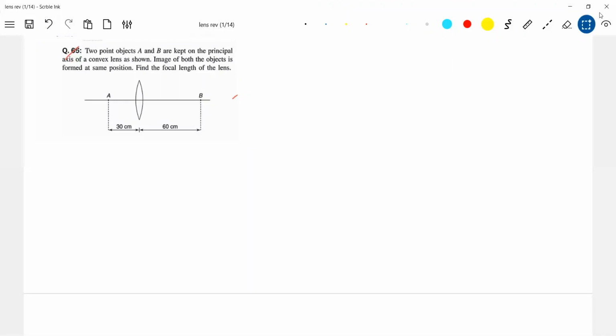The image of both the objects is formed at the same position. Let the focal length of the lens be F. This is the object A. No need to draw a diagram. Try to minimize diagrams at this particular stage. If at all very much required, go for it.